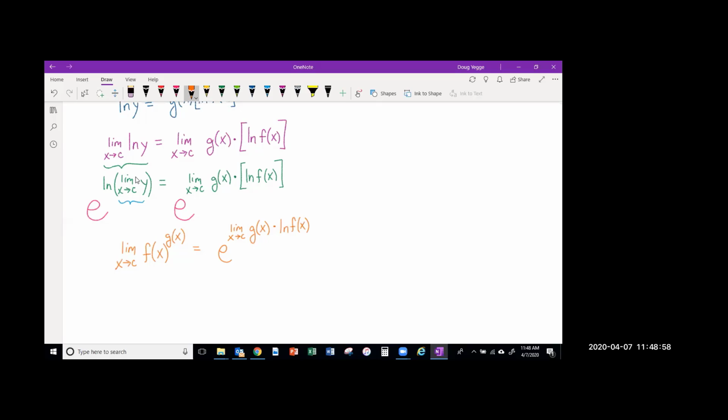Instead, I'm going to show you a slightly easier way to do this. And that's to realize that if I were to bring this back up again, this is nothing more than just e to the power of the natural log of the limit as x approaches c of f of x to the power of g of x.